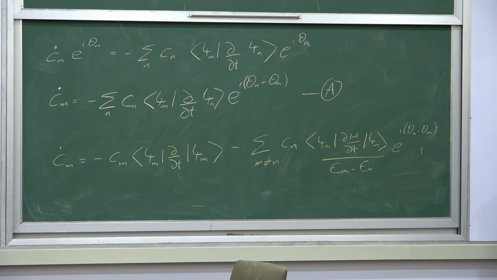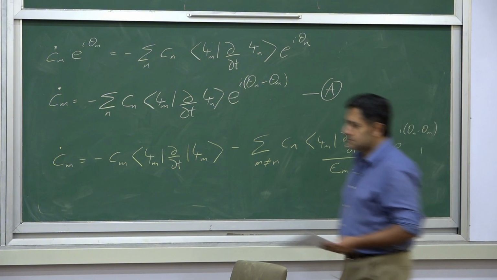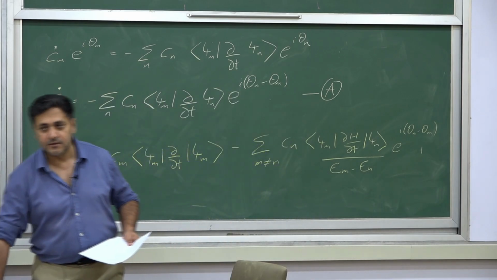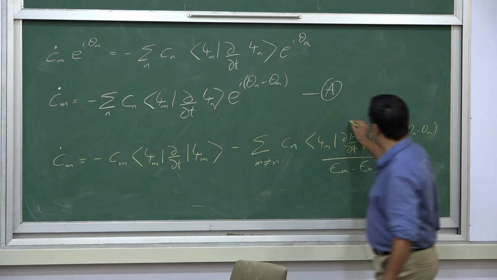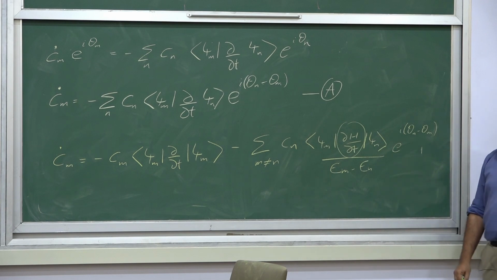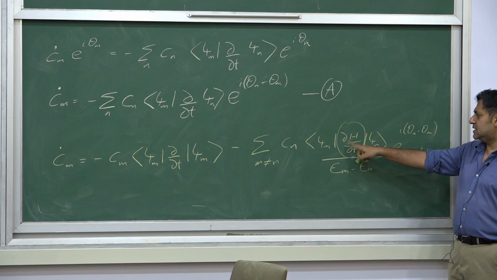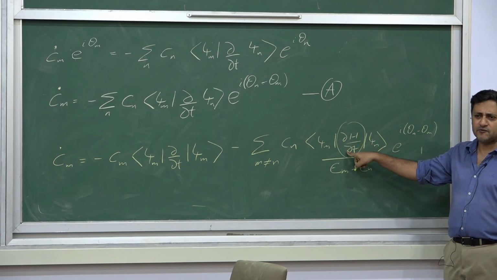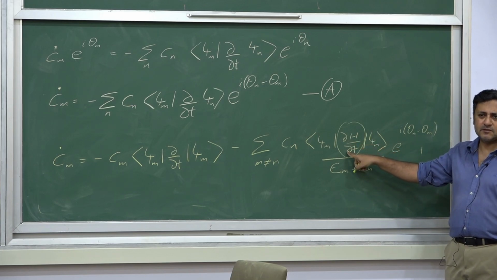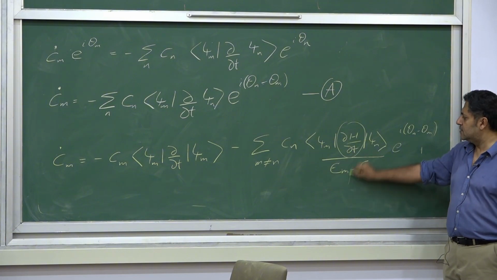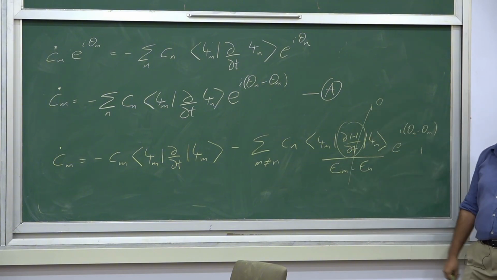Now the adiabatic approximation comes in here. I'm not going to justify it except through this small thing that it involves the rate of change of the Hamiltonian, and if it is slow enough, then you can put it equal to 0.